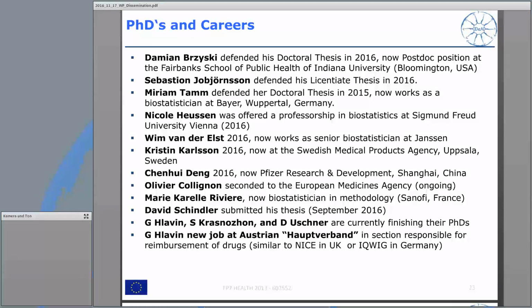So they have been offered jobs in the pharmaceutical industry, at regulatory agencies, or also at HTA bodies being responsible for pricing of drugs. Again, many thanks to all our youngsters and good luck for your future professional lives.